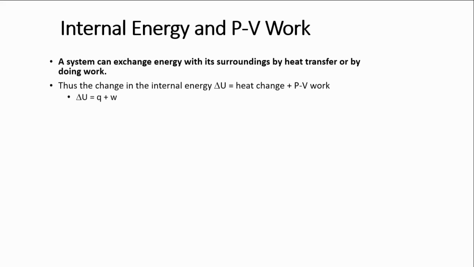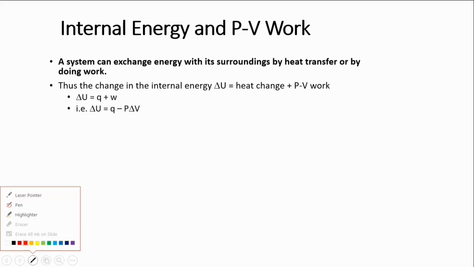And so what you find is that delta U, which is the internal energy change, is equal to heat transferred plus work done. Now, of course, you can remove the W, which is work, and put minus P delta V, because we found out earlier that the work is equal to minus P delta V. So hence we have this here.